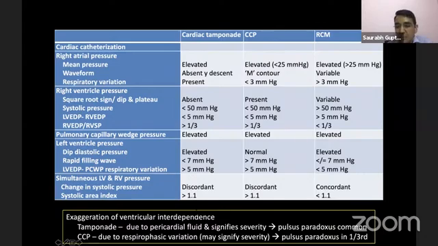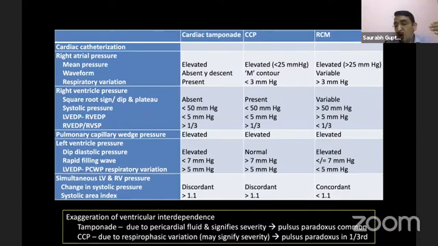Now, this exaggerated ventricular interdependence is also seen in cardiac tamponade, but we generally don't discuss these things together because tamponade is generally an acute physiology. This also explains why there should be pulsus paradoxus in all cases of tamponade, because it is generally of severe nature, while in CCP, the exaggeration of ventricular interdependence is not of that degree.